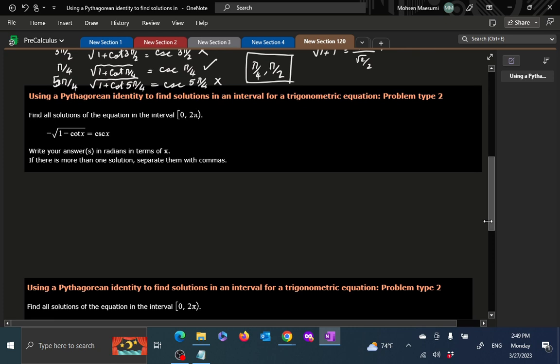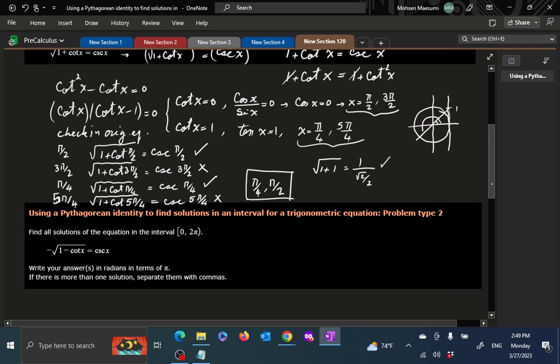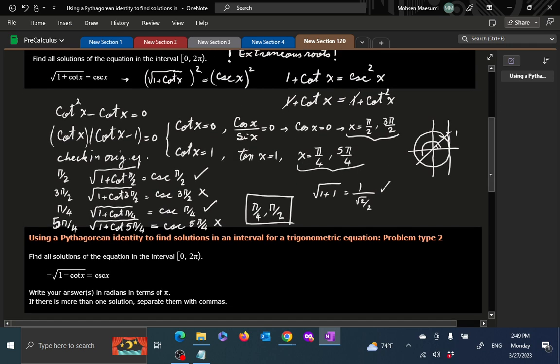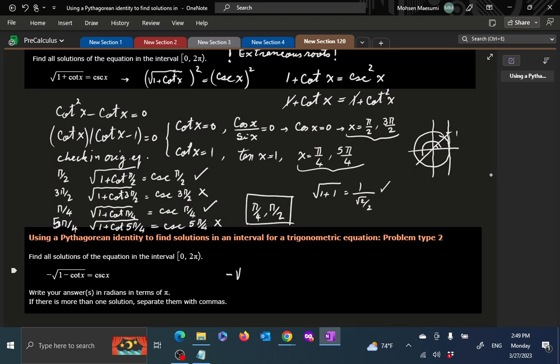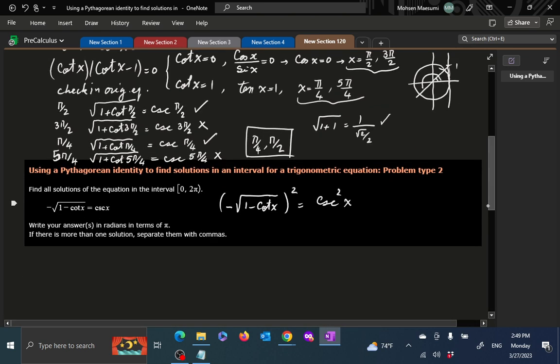Next, minus square root of 1 minus cotangent of x is the cosecant of x. This is very similar phrasing to that one. If I square both sides, I have minus radical 1 minus cotangent of x, squared, and then I square the right hand side as well. Let's remind ourselves that the square of minus 1 is just 1.